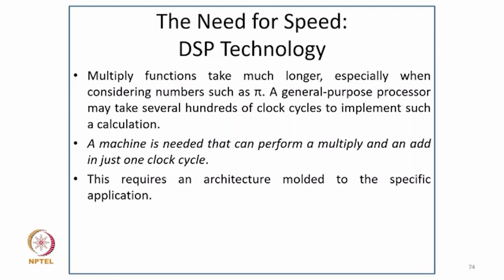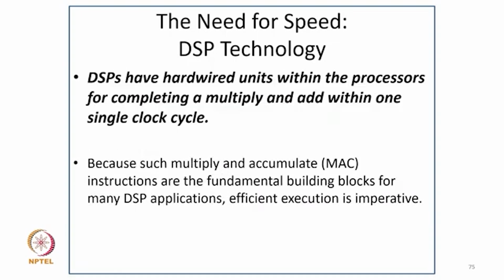Multiply functions take much longer, especially when considering numbers such as pi. A general purpose processor may take several hundreds of clock cycles to implement such a calculation. A machine is needed that can perform a multiply and add in just one clock cycle, and this requires an architecture molded to the specific application.